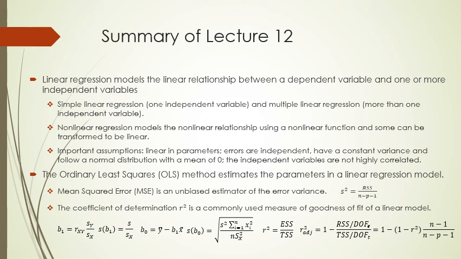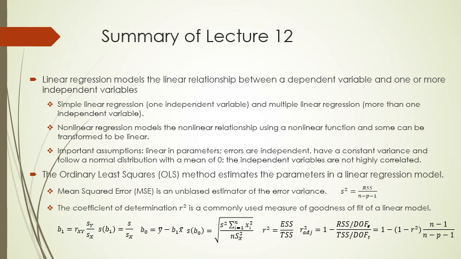The linear regression model has several important assumptions. The model is linear in parameters. The errors are independent, have a constant variance, and follow a normal distribution with a mean of 0. The independent variables are not highly correlated.